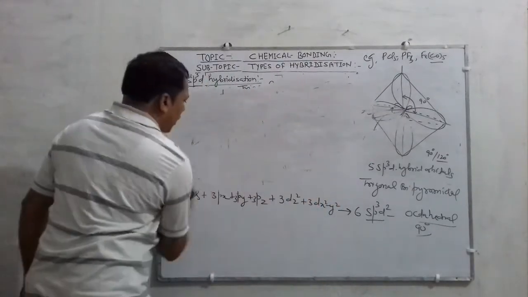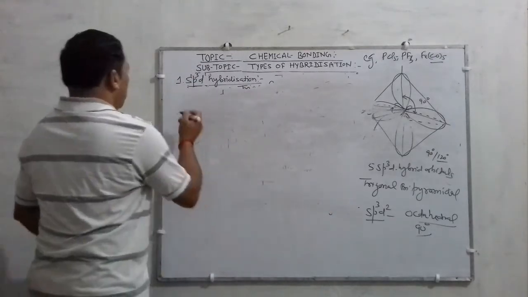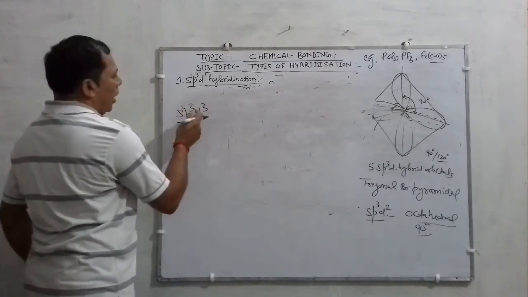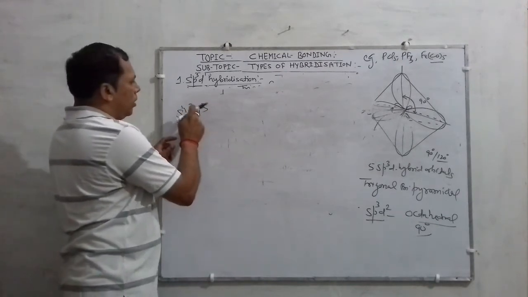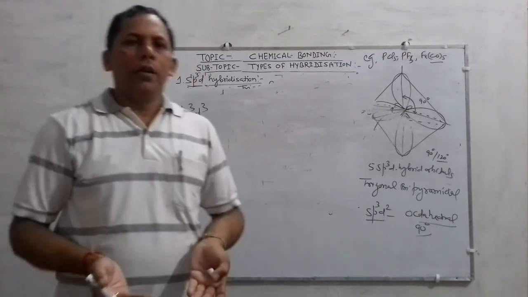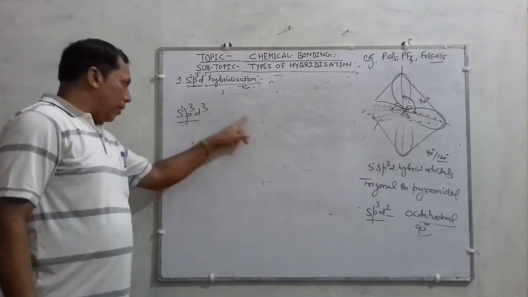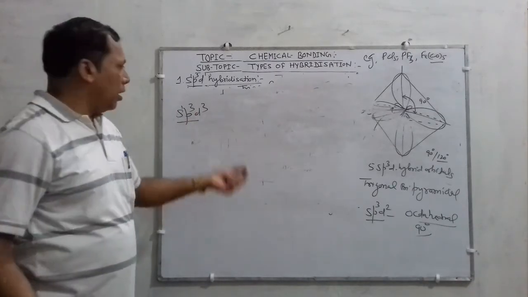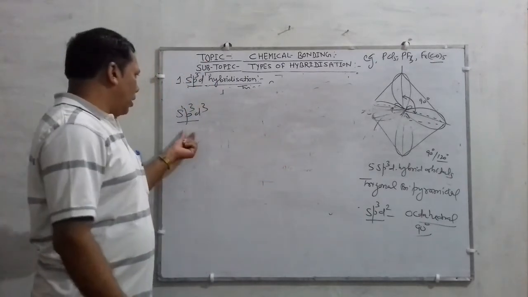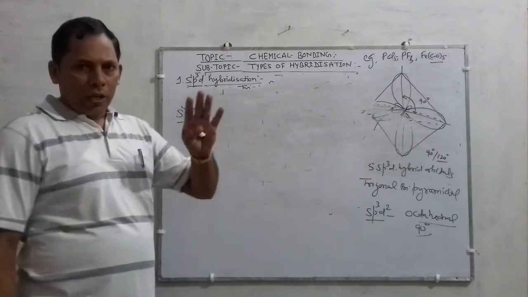What is sp3d3? In the same way, in sp3d3 hybridization, 1, 3 and 3, making 7. Total 7 orbitals will take part or get mixed together, resulting in the formation of 7 new orbitals of equivalent energy. These orbitals of equivalent energy are called sp3d3 hybrid orbitals, and the hybridization is called sp3d3.